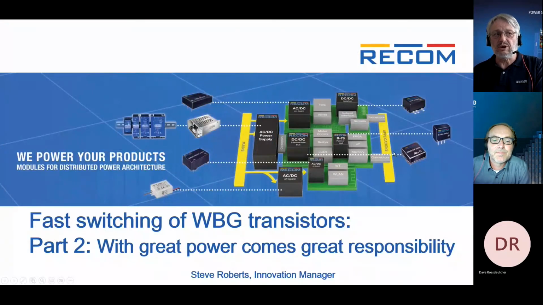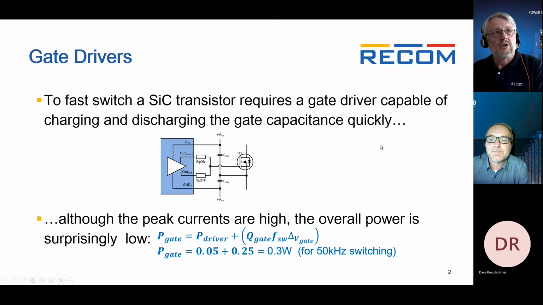So this one's called "With Great Power Comes Great Responsibility," because essentially that's the problem when you're switching high power at fast speeds. You need a gate driver that can charge and discharge the gate capacitance of the transistor very quickly. This is a typical gate driver circuit you might see with separate on and off resistors, so you can control the speed of switching on and off.